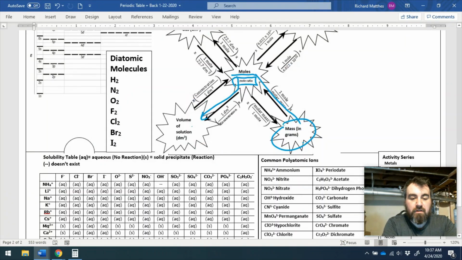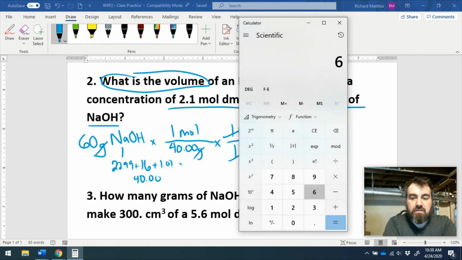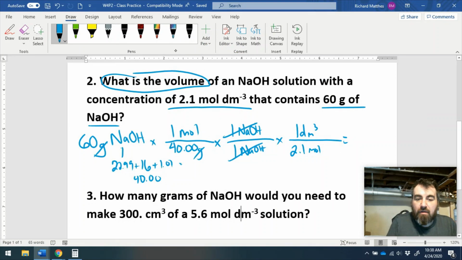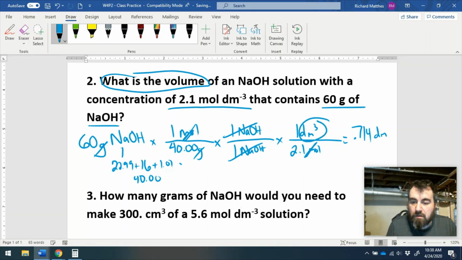Okay, so calculator, 60 times 1 over 40 times 1 over 1 times 1 over 2.1. And that gives us 0.714. And you can see how, here's what happens to our units. We're left with decimeters cubed of NaOH solution. Okay. All right.